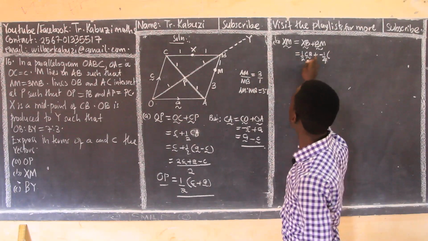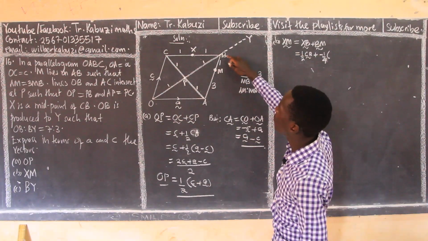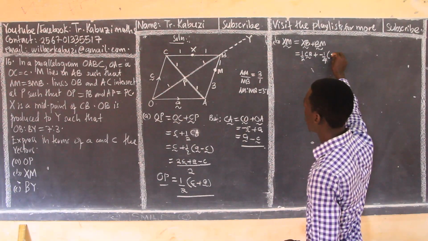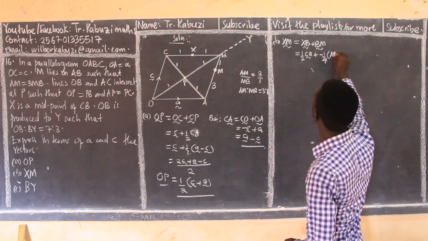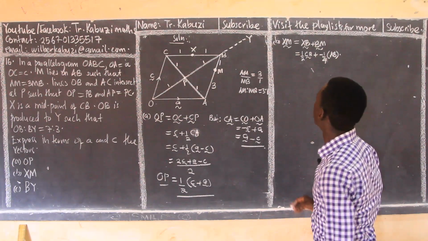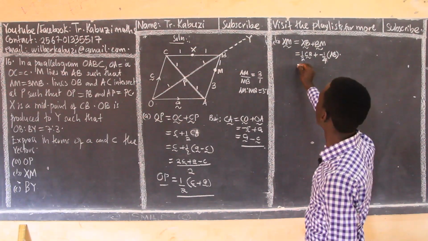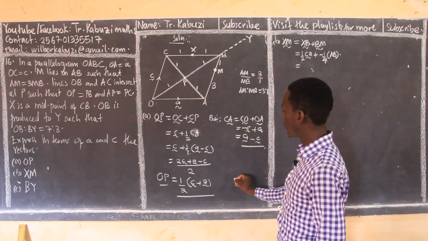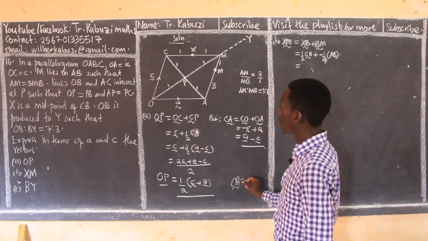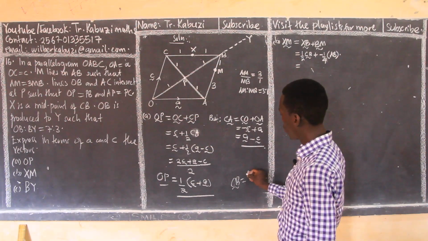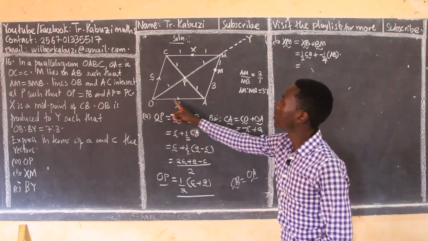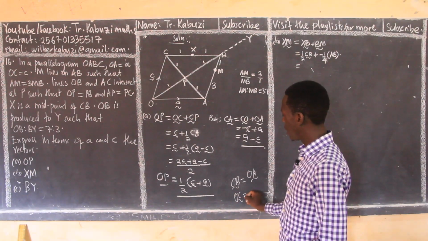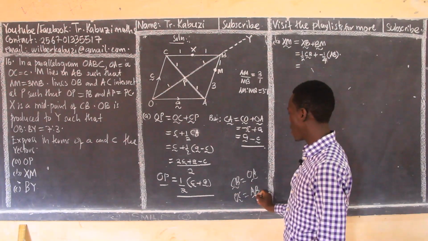But because I'm writing a negative, because this is AB, but we are using BA, you see in that direction. So that's why here I'm going to say of AB. So in simple terms, our CB is equaling OA, because a parallelogram has these two parallel. And then our OC is equaling AB.